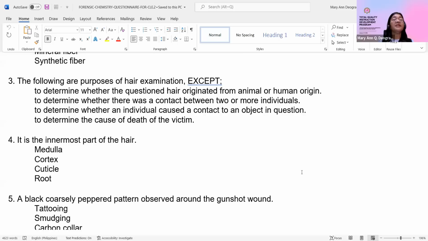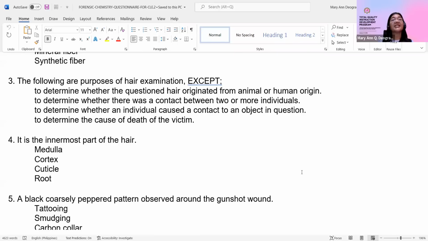Then letter B, to determine whether there was a contact between 2 or more individuals. Letter C, to determine whether an individual caused a contact to an object in question. Then letter D, to determine the cause of the death of the victim. Ano sa tingin nyo ang sagot dyan? Anyone?